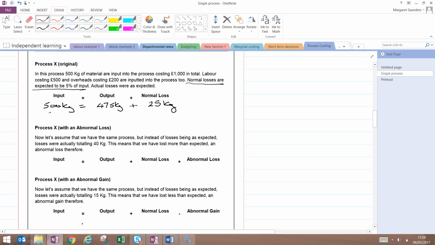It's the same process, so we input 500 kilos. Our normal loss is still expected to be 5%. I would recommend that you always record your normal loss first. So normal losses are expected to be 5% of our input, so we know that is 25 kilos.